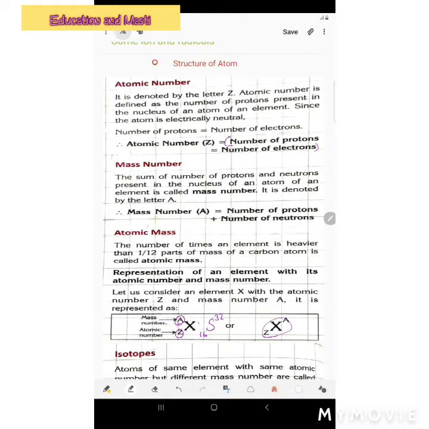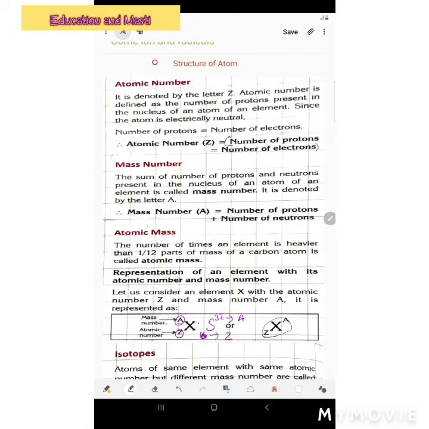So what is it representing? This 32 is representing the mass number, and the 16 down here is representing the atomic number, that is Z. So here we can clearly understand what is mass number and what is atomic number.